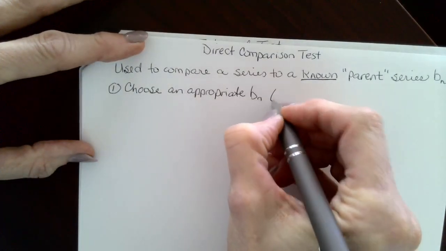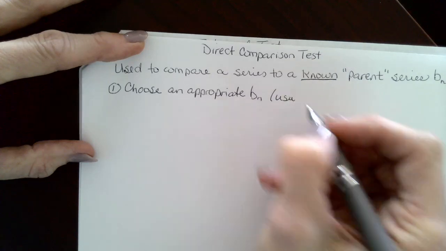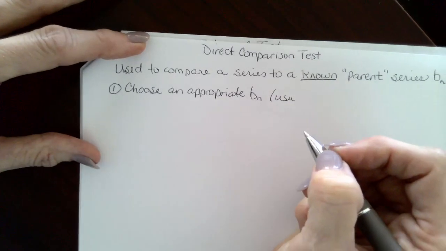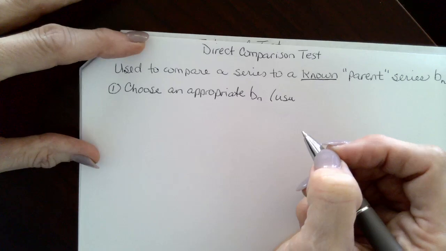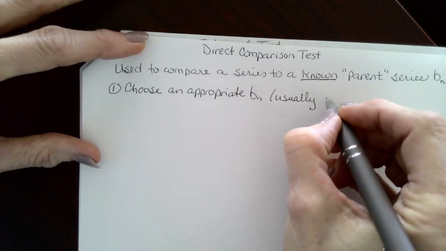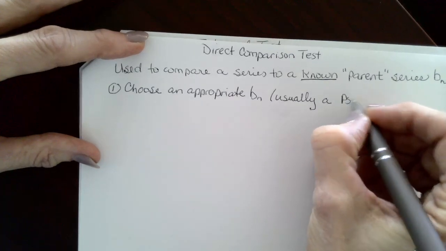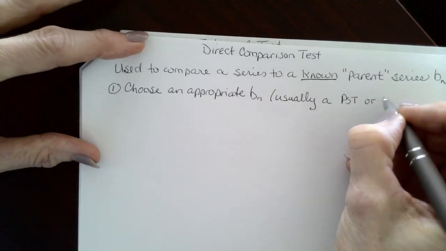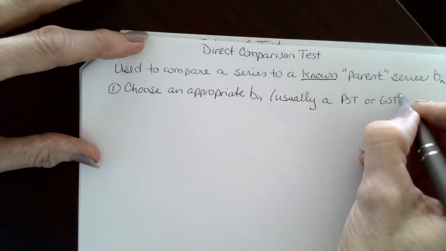And that B sub n is usually going to be either a P series or a geometric series.